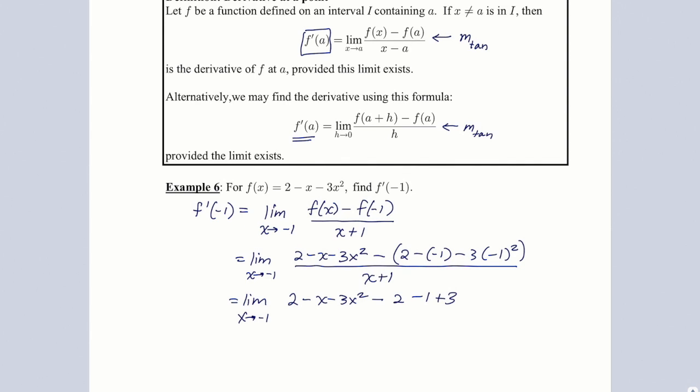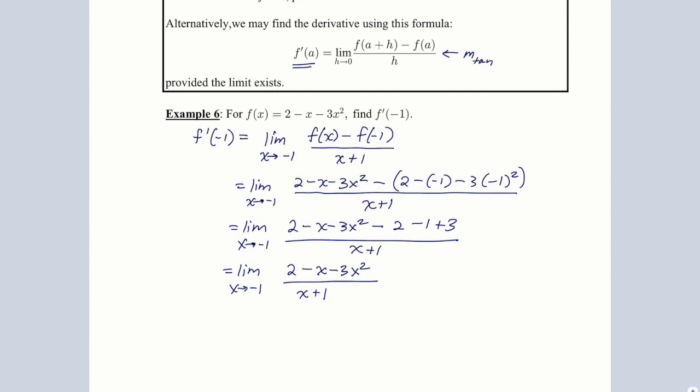So that looks like I have in my numerator, let's see, positive 5 minus 3, so that's going to be a 2 minus x minus 3x squared, over x plus 1, and I'm hoping that I can factor and reduce, so let's see what we can do here.